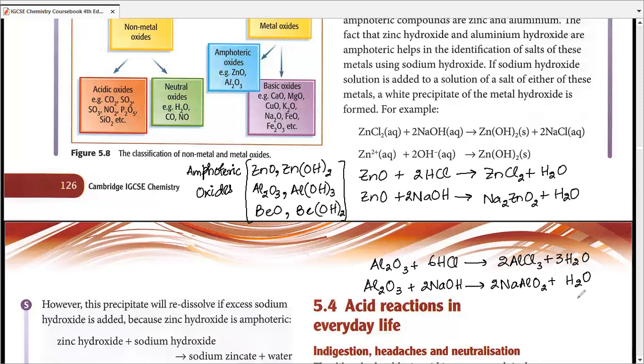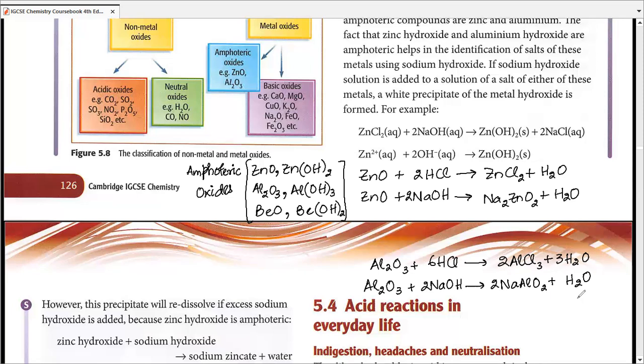The same salts are actually given on the next page, page number 127, and the names sodium zincate or sodium aluminate have been mentioned. So whether it comes as a word equation or as a symbol equation, I think now you're capable of writing both.